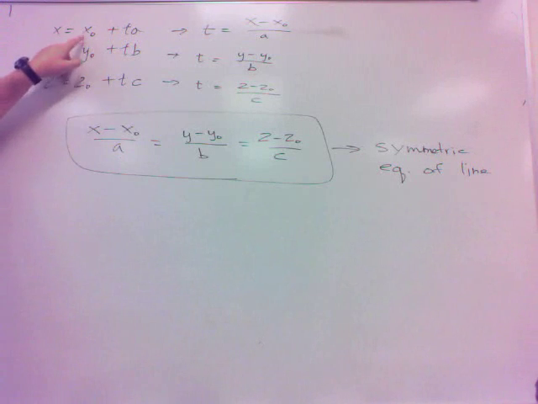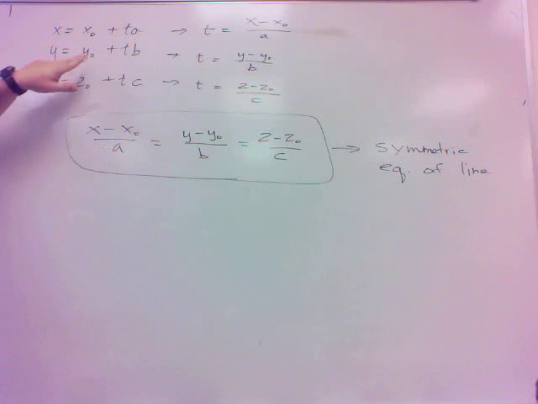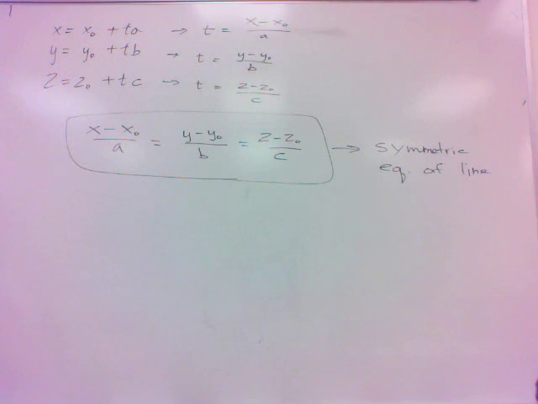They have the x0 and the a, and y0 and the b, and z0 and the c, so 6 bits of information. So just another way you could represent the same information.